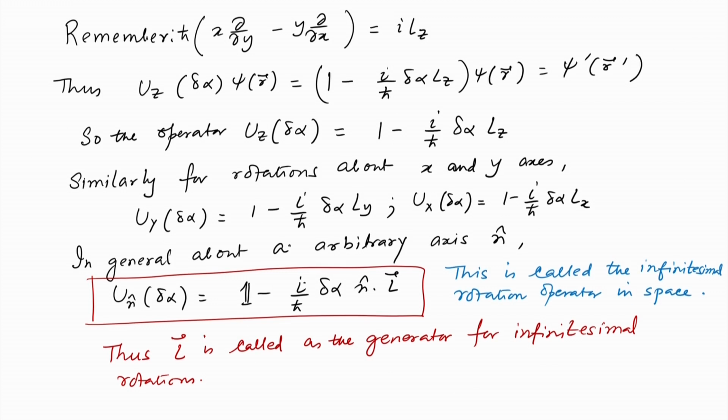So, if you remember that h cross times x del del y minus y del del x is the definition of i L z, which simply comes from L equal to r cross p and the z component of that, where r is equal to x x cap, y y cap, z z cap, and p is equal to minus i h cross times del del x x cap plus del del y y cap and del del z z cap, and then you take the cross of that.